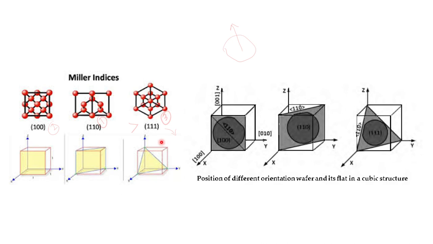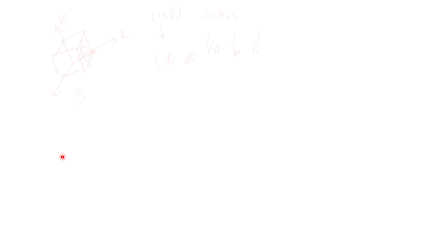Silicon is an anisotropic material, right? Its properties will vary depending on the orientation. There are certain planes defined in the silicon crystal, such as 100, 110 and 111.